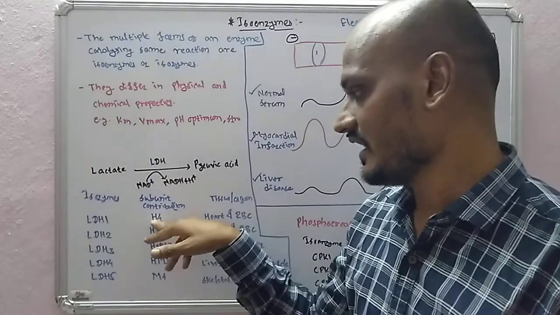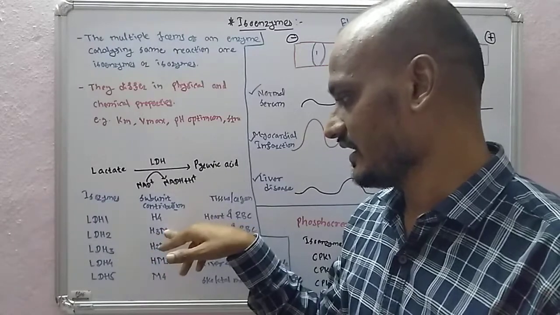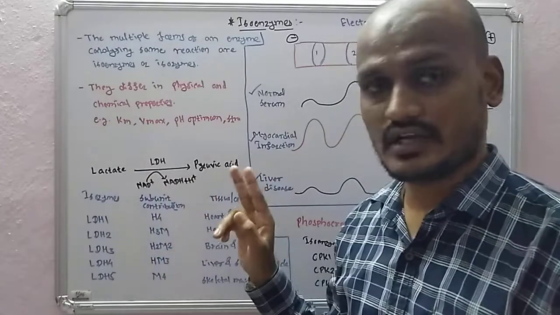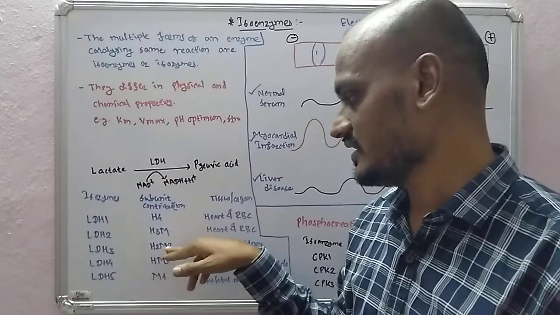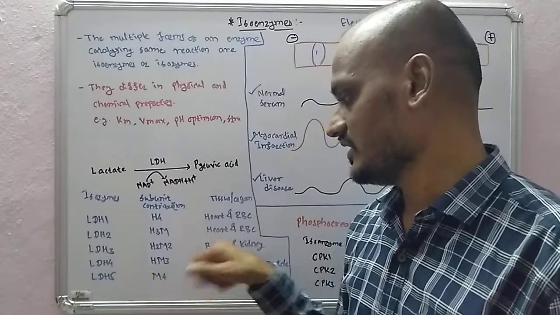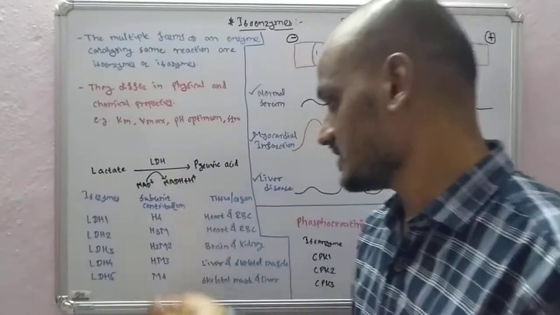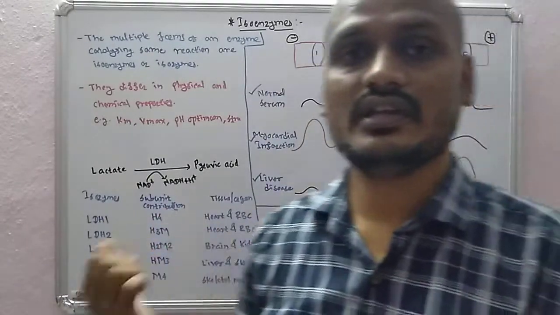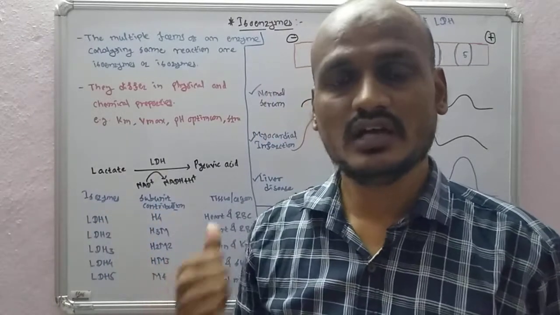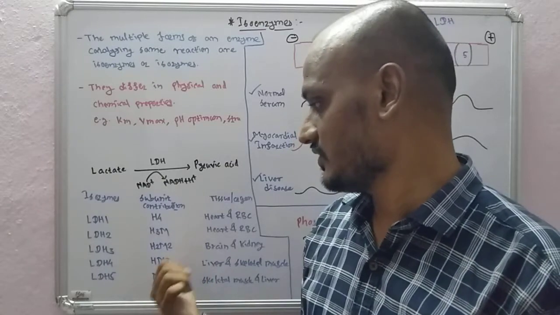See here, H4, then we decrease by 1, so H3, and we add 1 extra M. H2, two H heart subunits we decrease, and M2 muscle subunits we add. HM3, M4. Likewise we can increase the subunit composition and name them. So if you remember LDH1 is the H4 heart subunit, you can know the downstream subunit contributions.